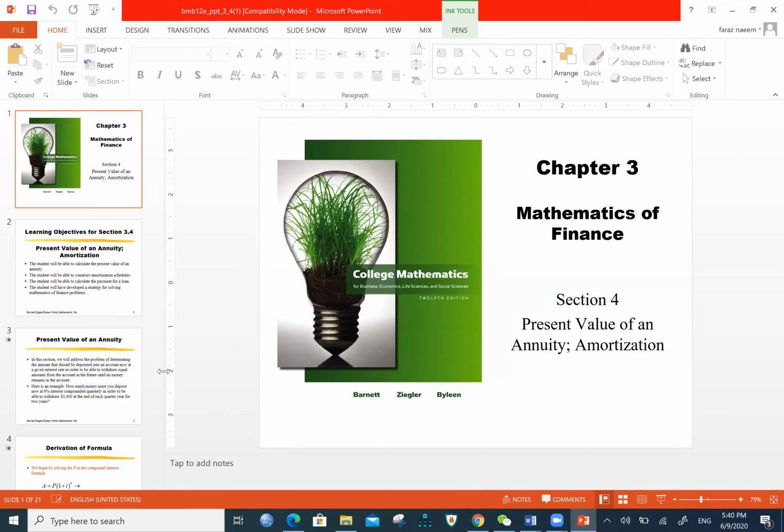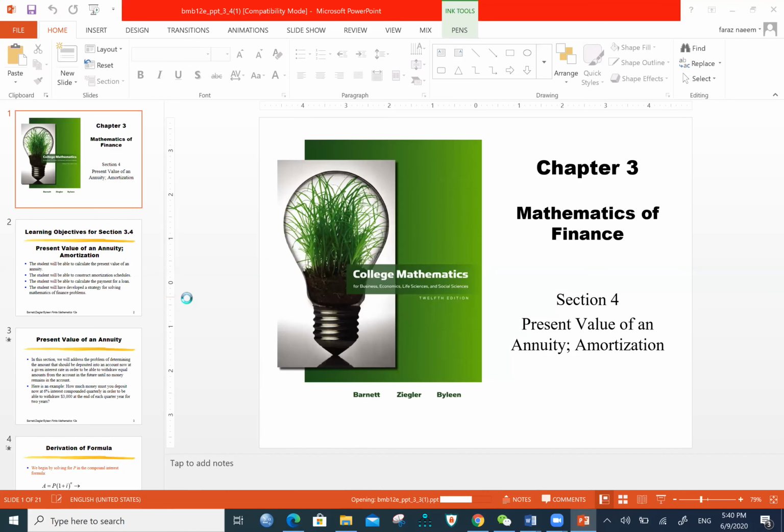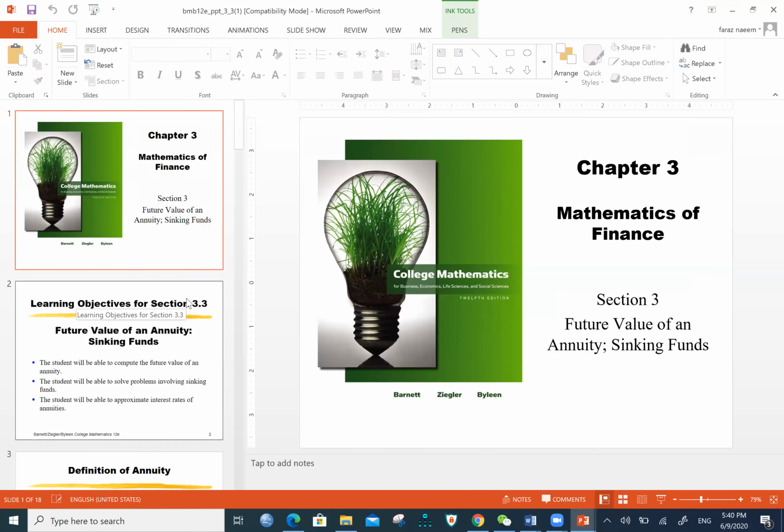When you read the statement, and if it gives you the perception that after a prescribed period you will get a lump sum amount, then you are dealing with future value of annuity.